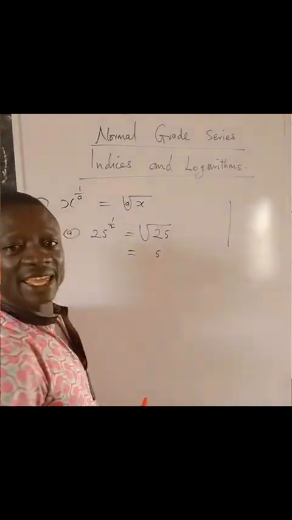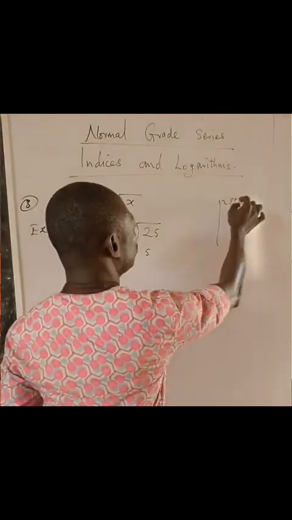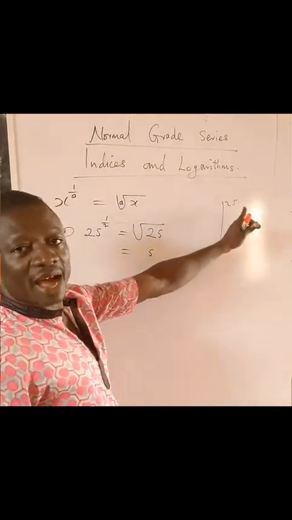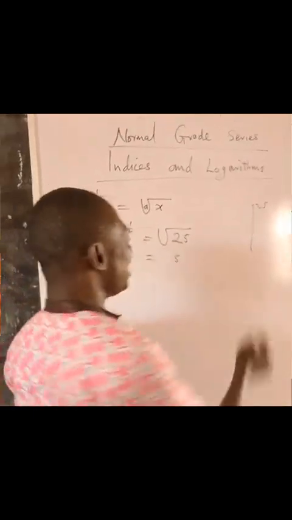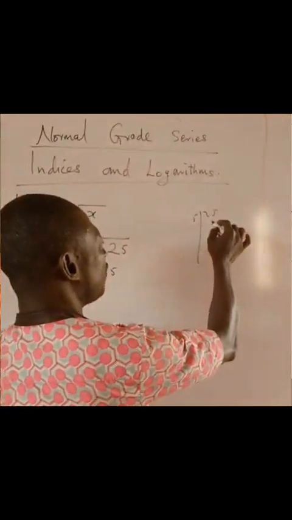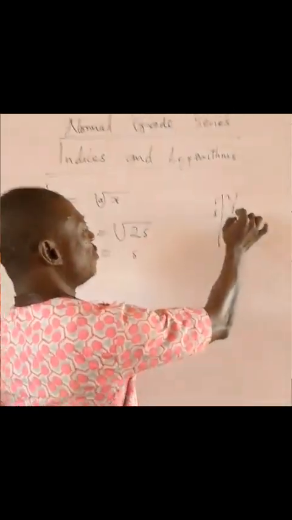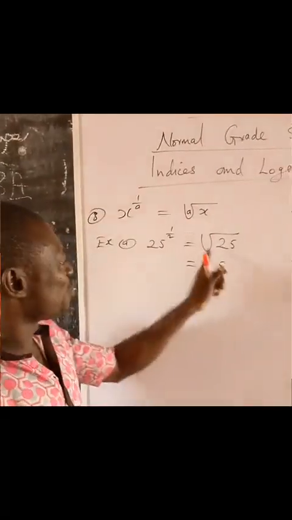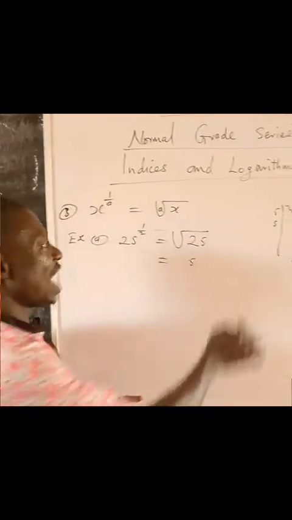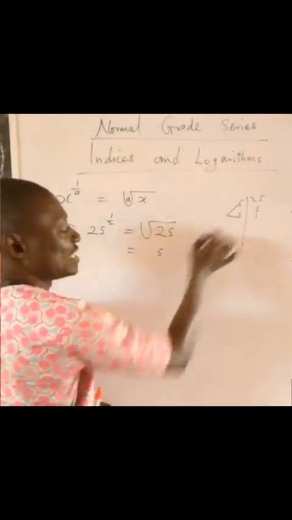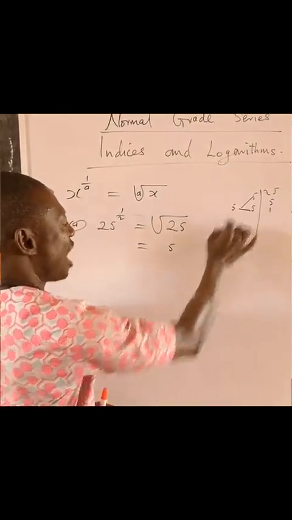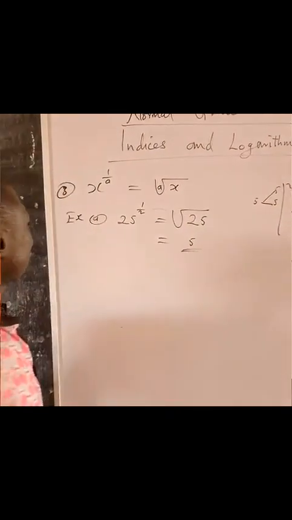Assuming you don't know why, get that square root of 25 by dividing by the smallest prime number. Here, the smallest prime number is 5. 5 divided 25 will give you 5. 5 divided 5 will give you 1. Because 2 is here, any number that appears twice, you pick it as 1. And so 5 has appeared twice here. Square root of 25 is 5. That's why it is 5.